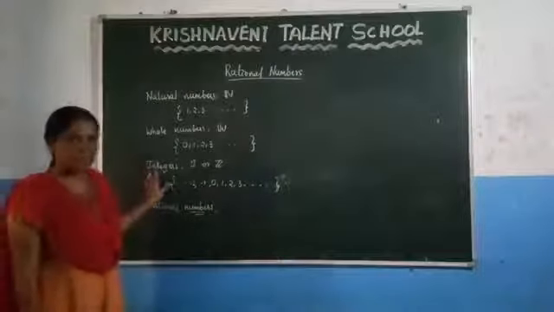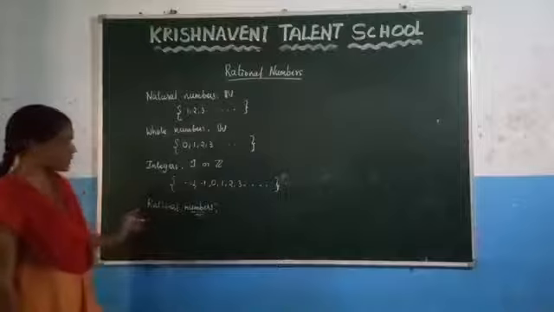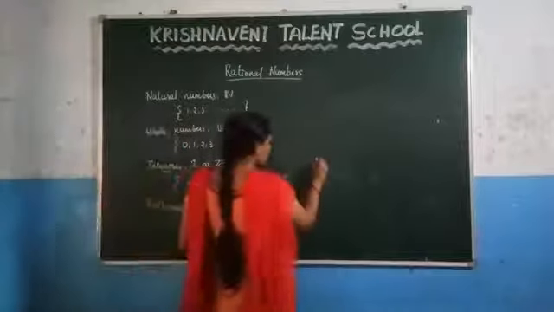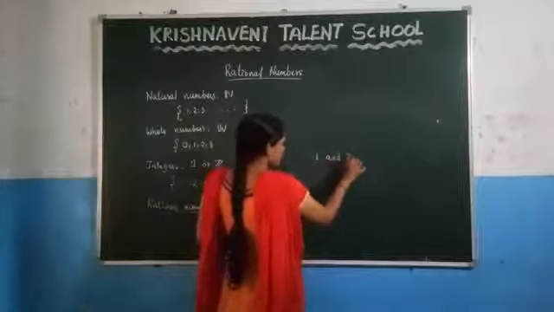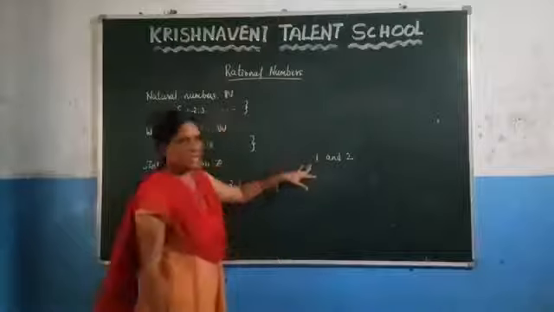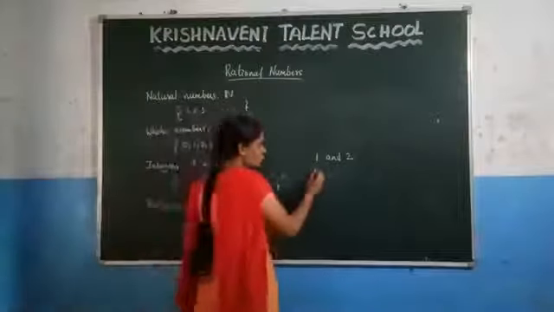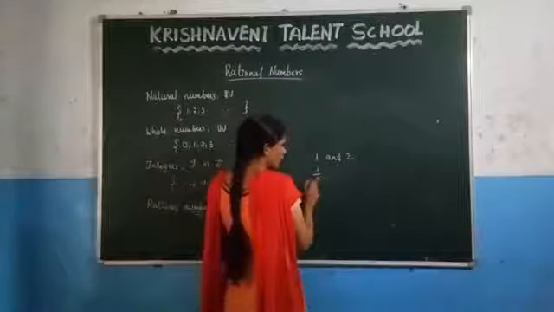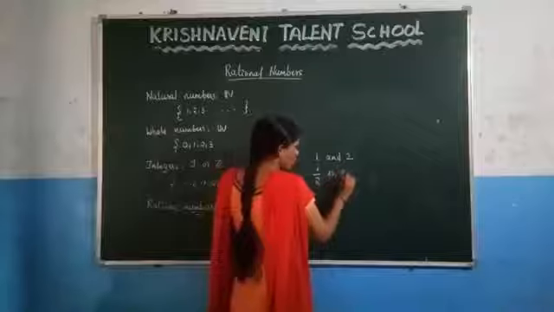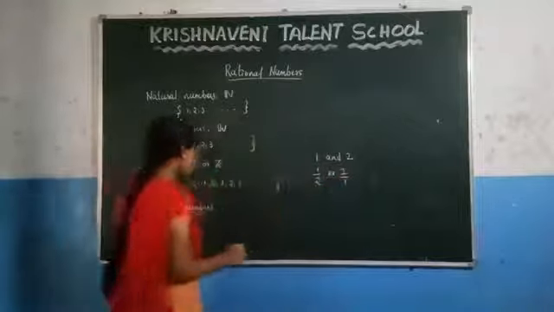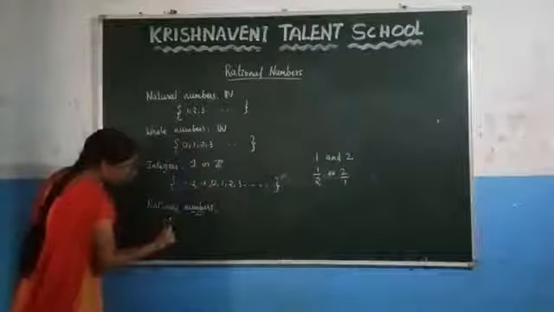Rational numbers are nothing but, if you consider any two integers, let us consider two integers 1 and 2, you have to write these integers in the form of a fraction. This one you can write as 1 by 2 or you can write it as 2 by 1. Right? So how do you define the rational numbers?